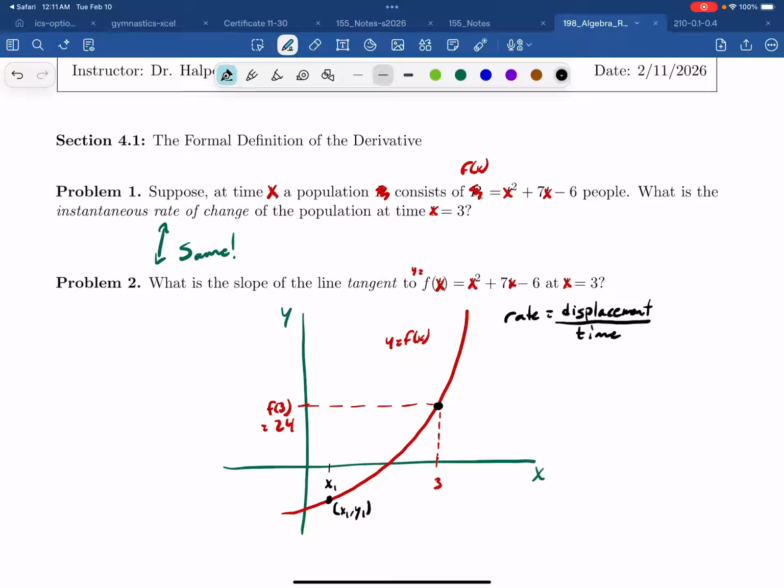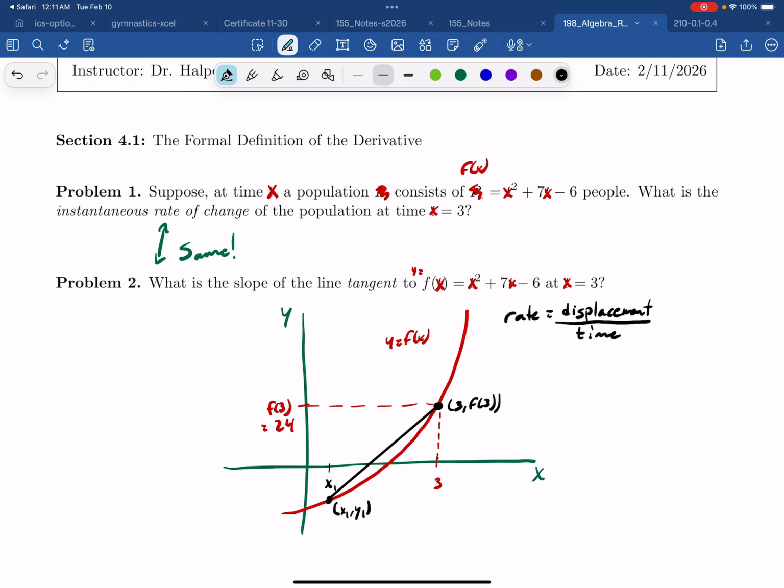And then this point right here, I guess I could call this guy 3 and f of 3, which we know is 24. Well, I guess we could say that the slope of this line right here, yeah, that's a straight line.